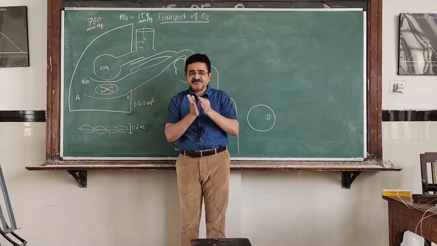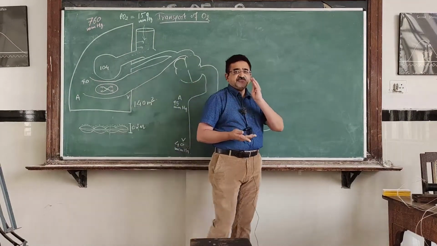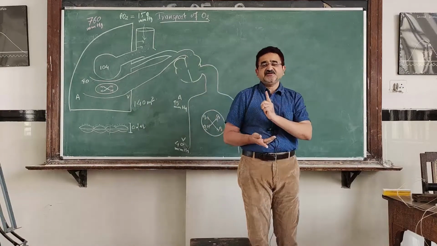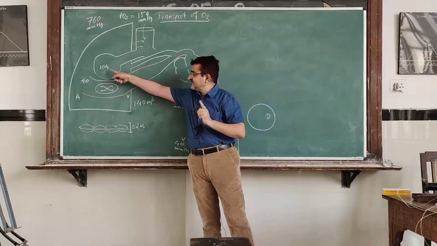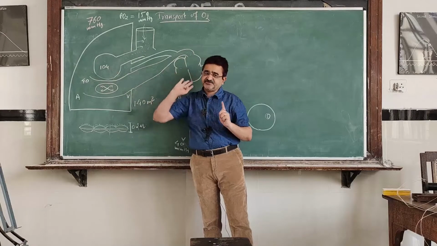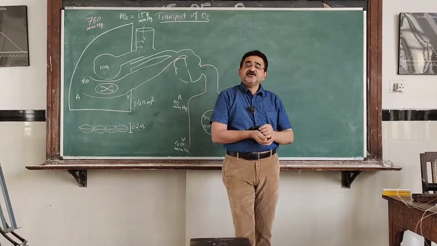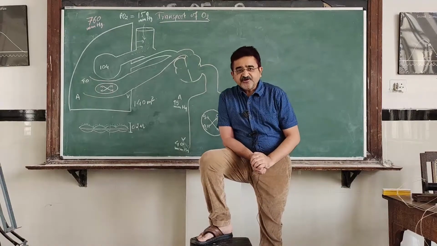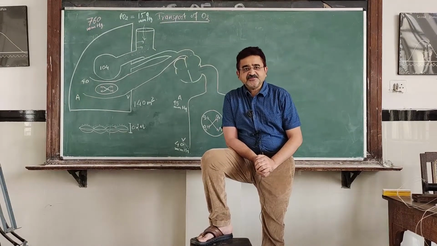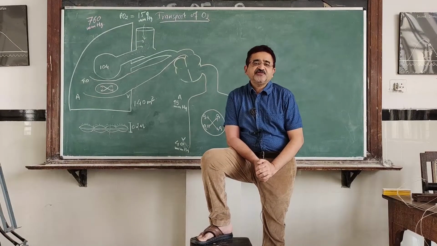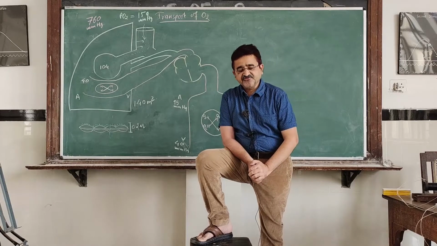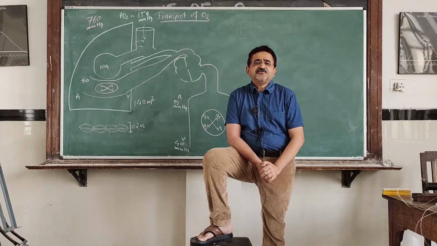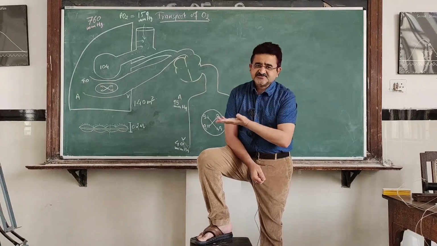That mixing causes dilution of the partial pressure of oxygen, and thus it falls to 104 millimeter of mercury. So this is how the partial pressure of O2 falls from 159 millimeter of mercury in the air to 104 millimeter of mercury in the alveolus. This is from the alveolar side.